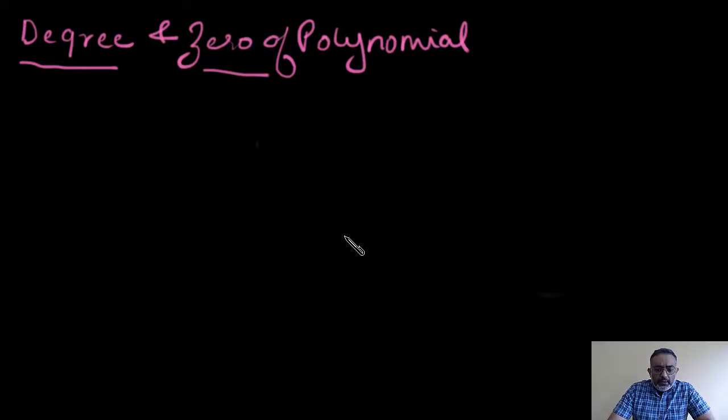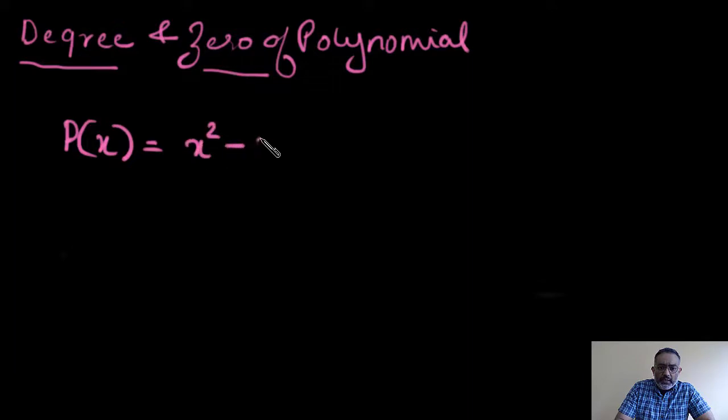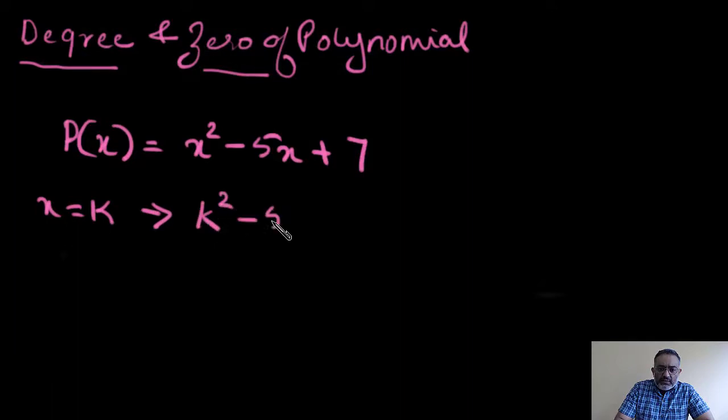Now let's think about how we evaluate a polynomial. Let's take an actual example. Let's say p of x, which is our polynomial with the variable x, is x squared minus 5x plus 7. If we want to evaluate this polynomial at value x equal to k, then we replace x with k. So we look at k squared minus 5 times k plus 7.